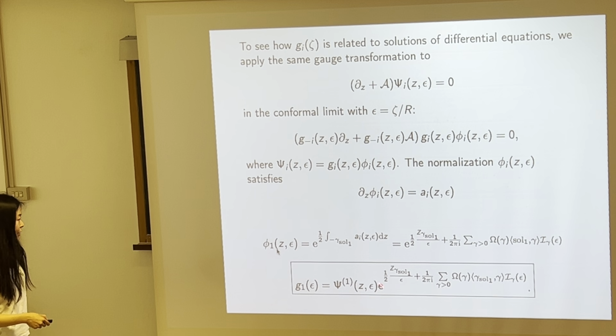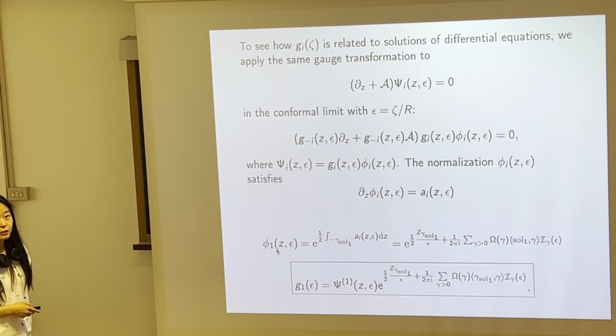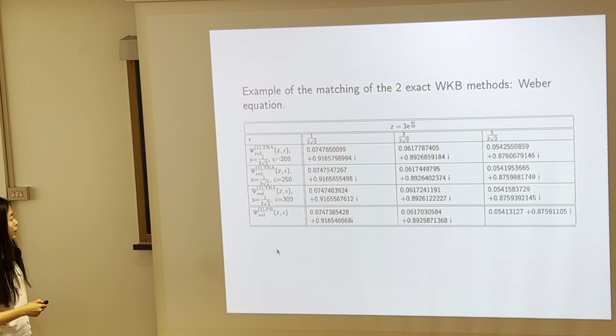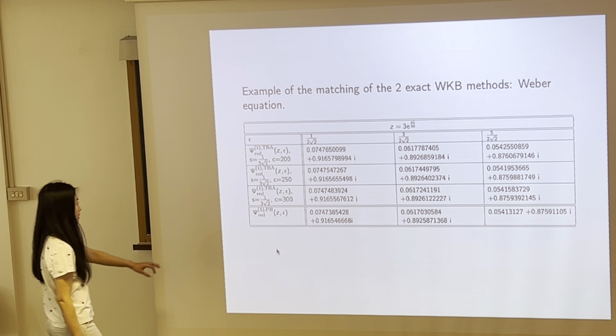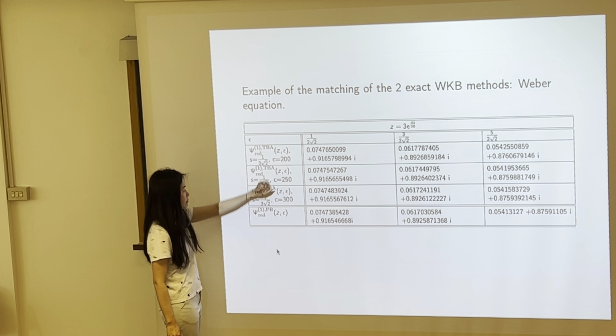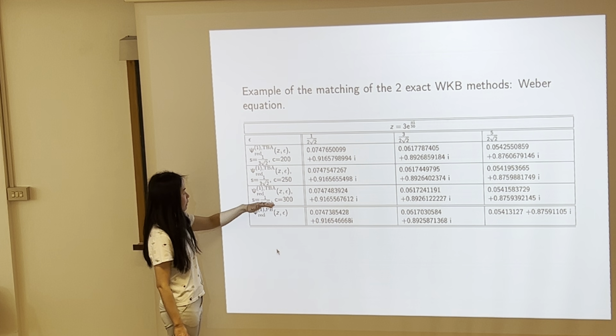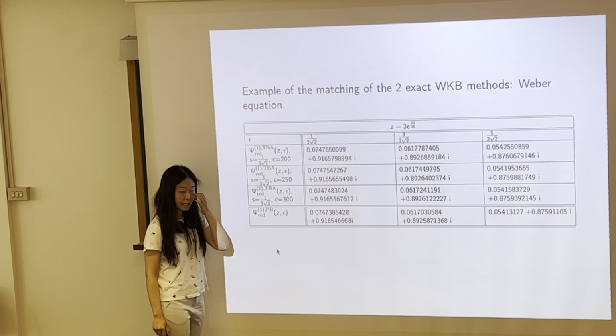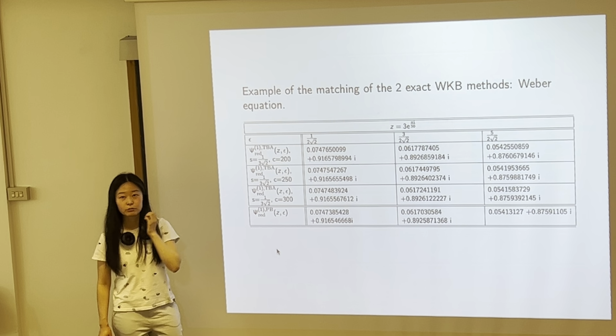So here, with this bridge, we can do some check of the matching of the two methods. And here, I want to show you quickly some numerical result for the Weber's equation, which is just this one. The first three rows here are the numerical calculation using the TBA methods, and we are varying some parameter for this calculation because we are just using the iteration.